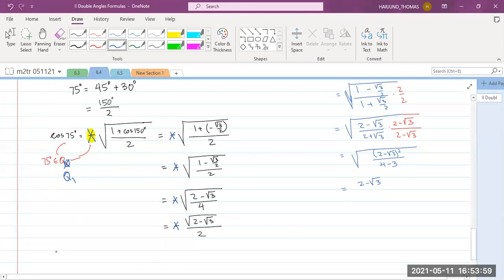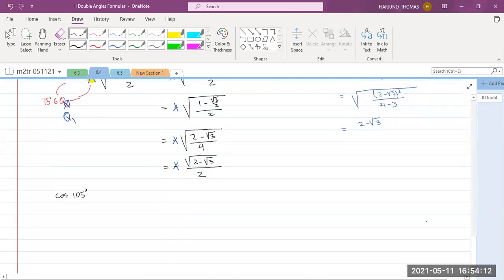What I had in mind was like, what am I doing? Cosine, thanks. That's a big correction, by the way. Cosine 105 degrees, for example, is in quadrant 2, right? But 105 degrees is 210 degrees over 2.